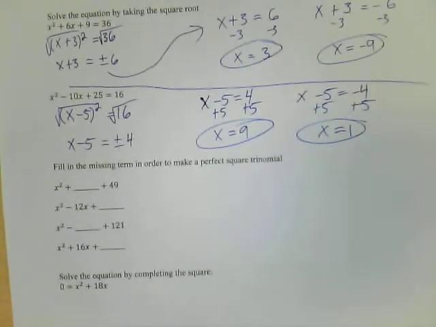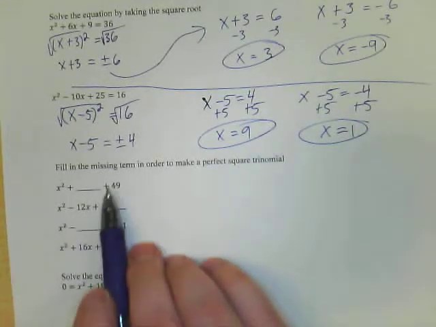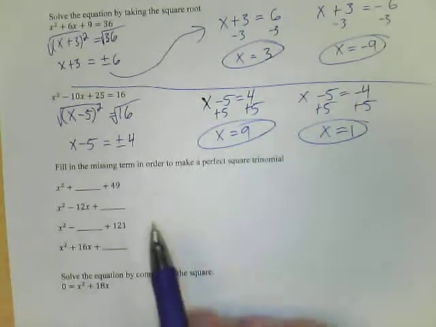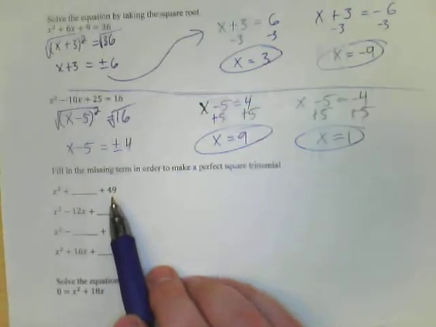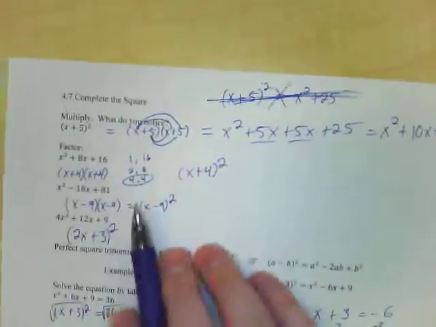All right, let's do a little bit of filling in missing terms. So let's see what we would need to put in this middle spot in order to make this a perfect square trinomial. So again, what we'd be looking for is taking the square root of this last number and then doubling it, right? So if we take something like, where was it? Here.